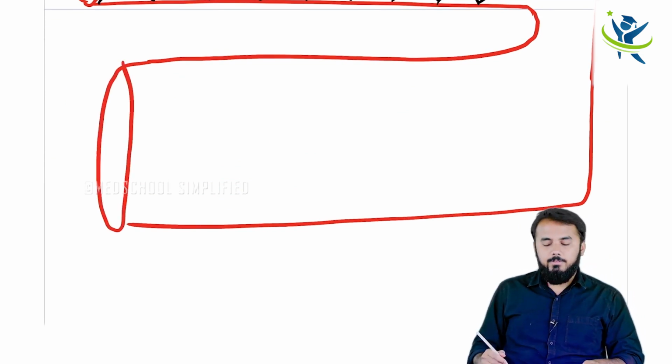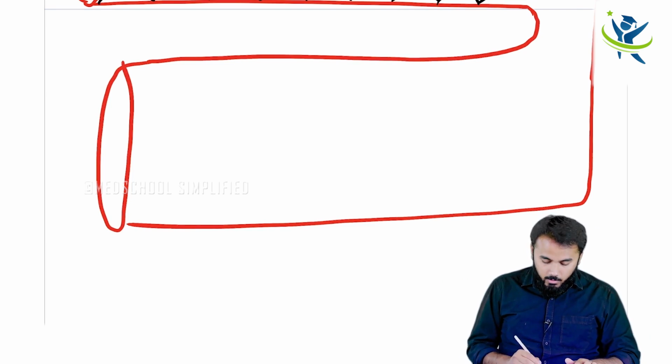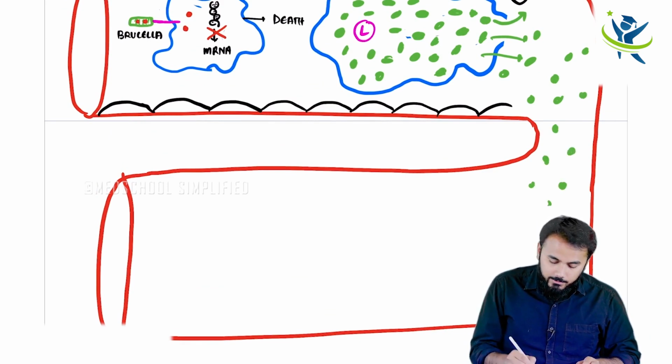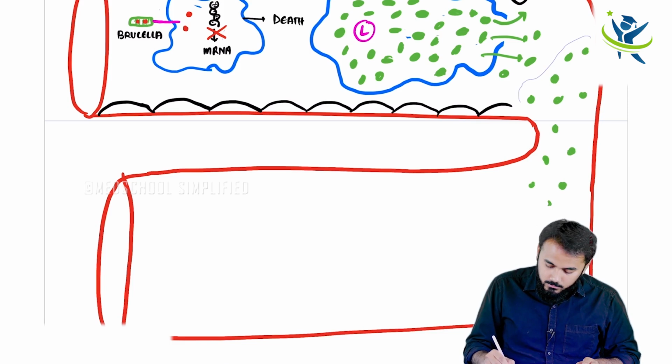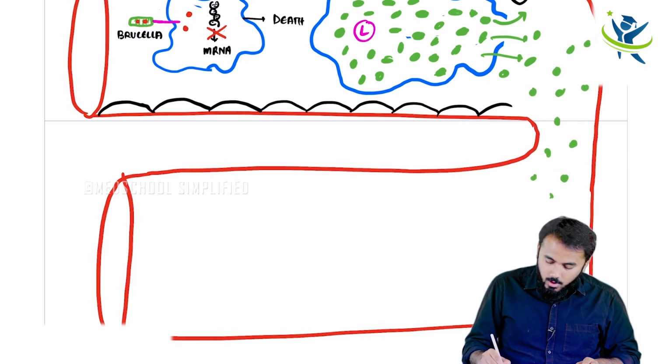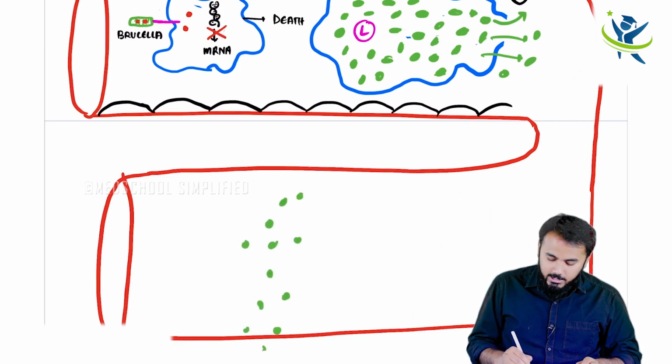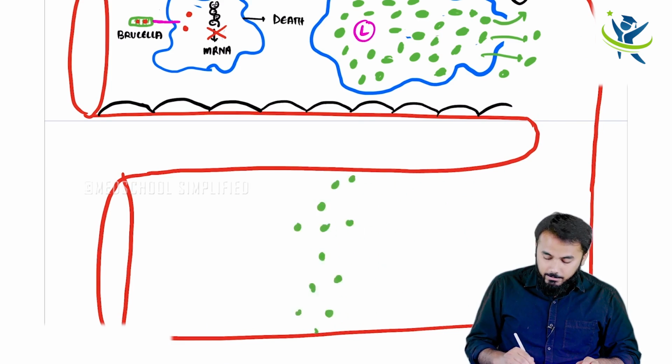A lot of bacteria is released, right? All this bacteria will move all the way in the blood like this, and that condition you call bacteremia. Right now the bacteria is wandering in the blood.